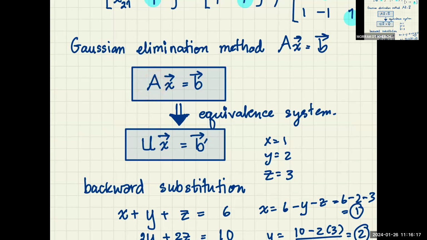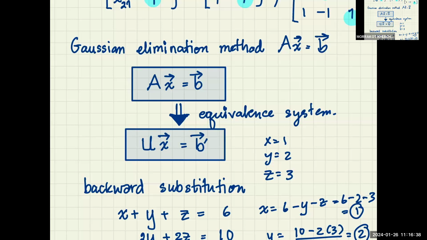Okay, and then we will try to use the three operations: swap rows, multiply any row by a non-zero constant, add or subtract any two rows. Okay, so all those three operations will make the system equivalent.